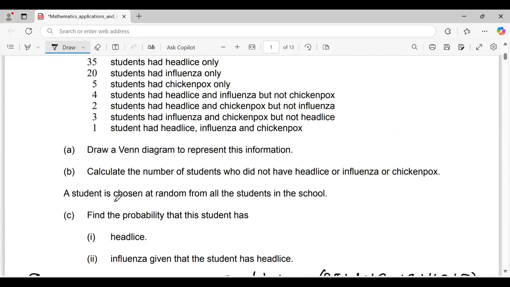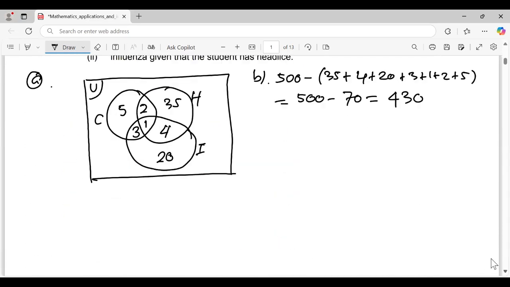A student is chosen at random from all the students in the school. Find the probability that this student has had lice. Okay, the probability a student had lice.